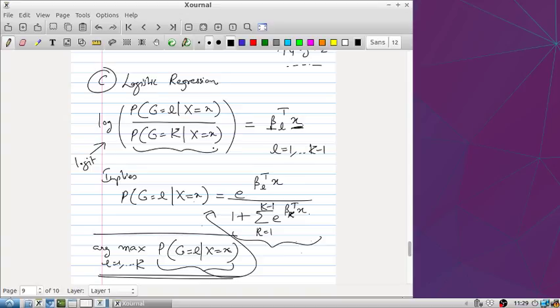Here you're making a slightly different assumption: I don't know what the conditional distribution between G and X is, so I'm just going to assume that the log ratio is linear. The ratios need not be linear; they can be arbitrary functions of X. Why should the log of the ratio of two functions be linear?